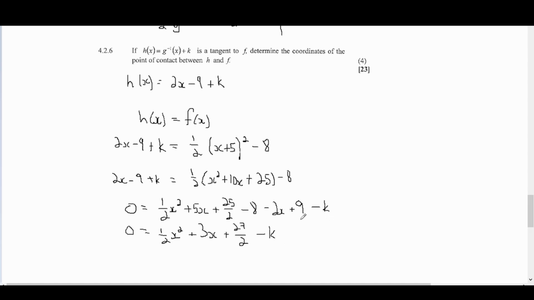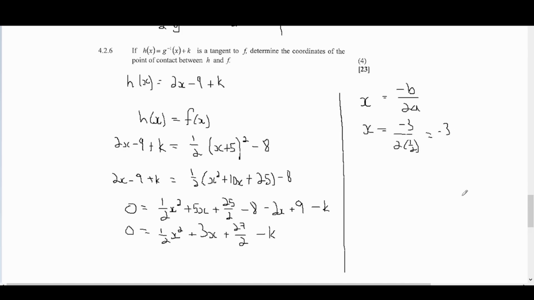Okay, so at this point we can determine our x value by using the equation for turning point, which is minus b over 2a, and therefore x equals minus 3 over 2a, which is a half. This basically cancels, which will equal minus 3.